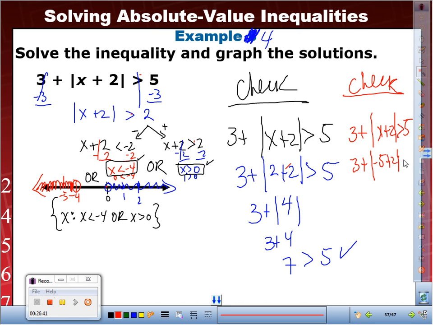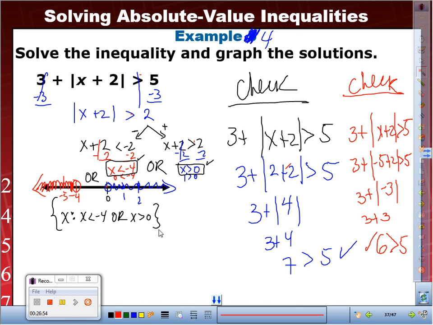What is negative 5 plus 2? That's negative 3. What is the absolute value of negative 3? 3. What is 3 plus 3? 6. Is 6 greater than 5? Yes. That's why both of them work, because that's the solution. So therefore, the solution set was this or that.